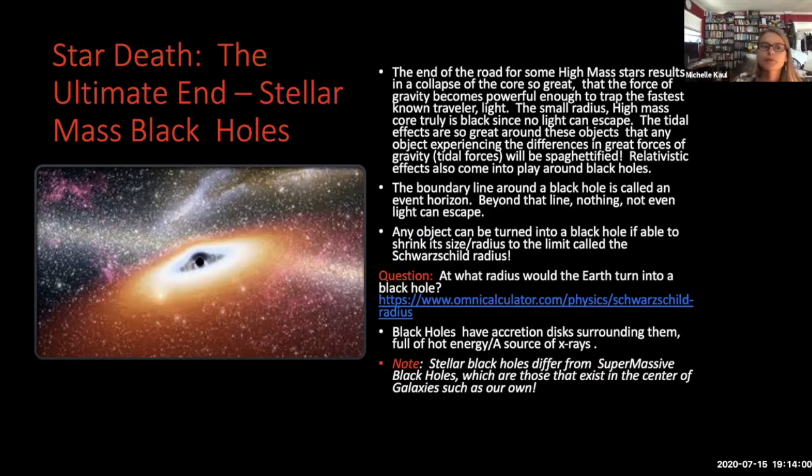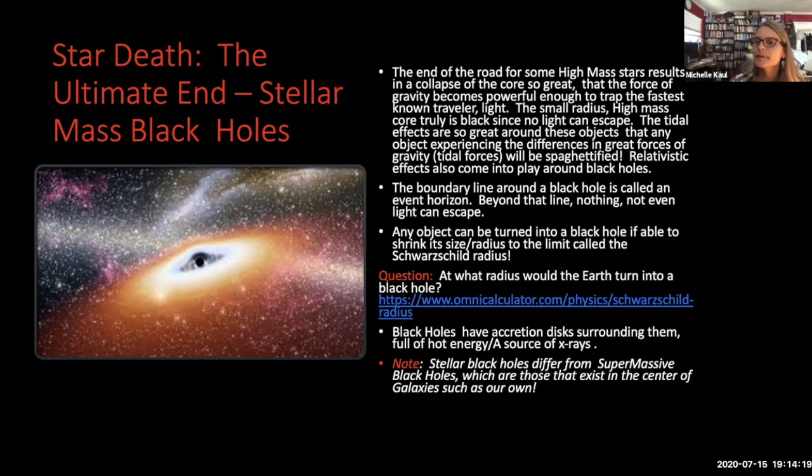So you'll get pulled so much more in the front than you will in the back that you get this process called spaghettification, right? That's this extreme elongation or stretching of an object, okay?